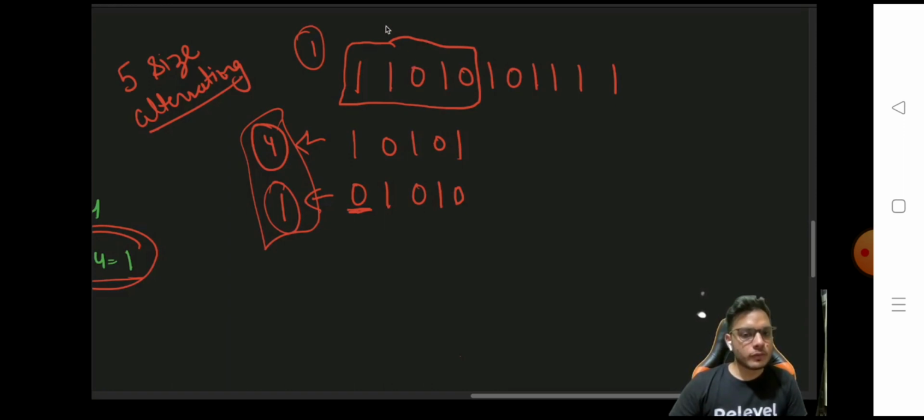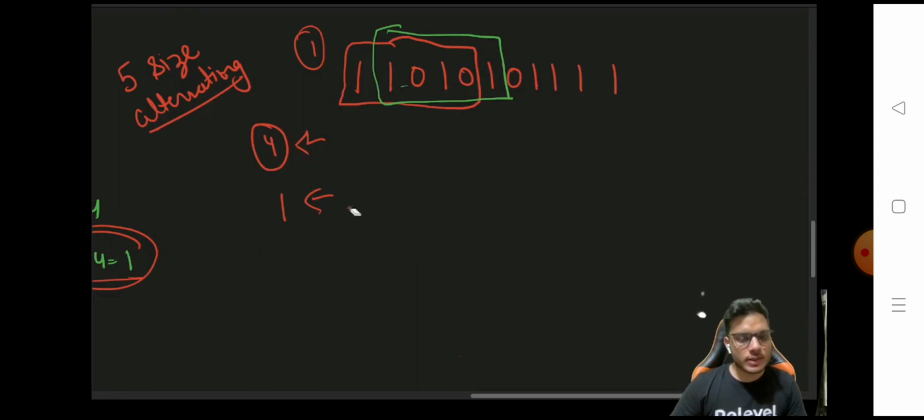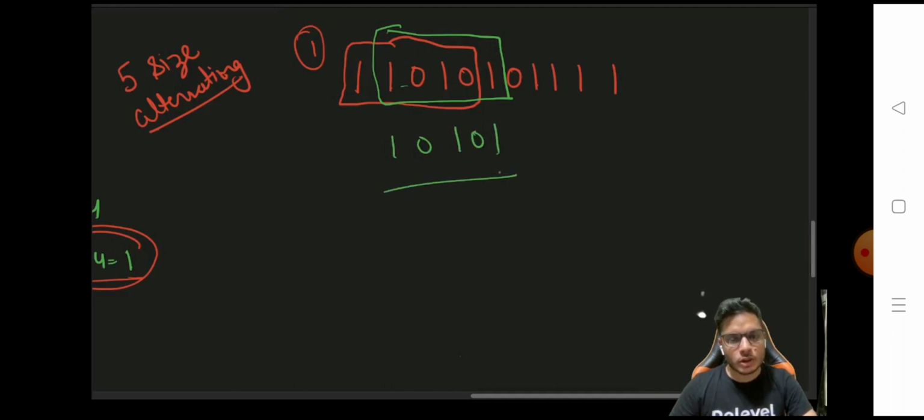Similarly, you will move and check the other window, which is this. And here you will see how many flips are required. Again, I can compare it with 1 0 1 0 1 0. So it is the same, so zero flips are required. Again, I can move, and again zero flips are required.